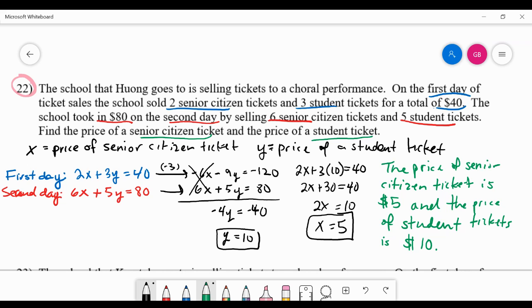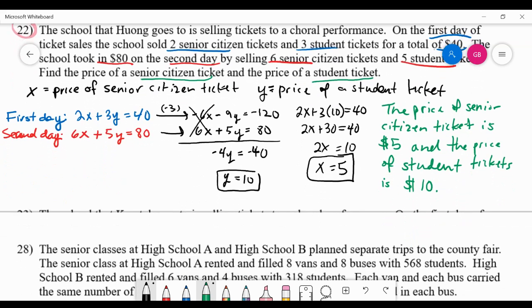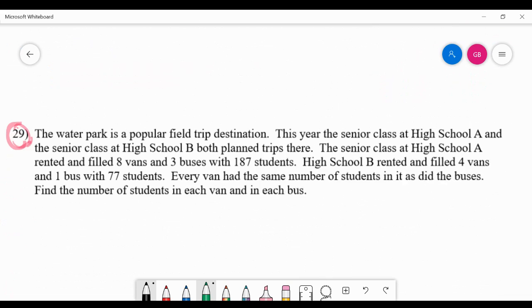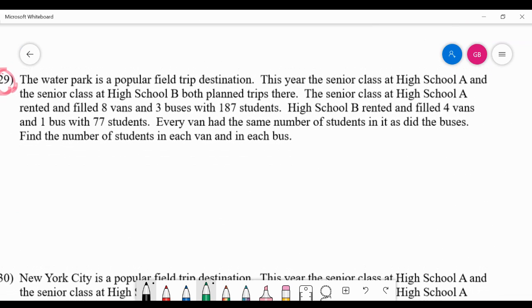And that was 22. And I want to do one more. I'll do number 29.